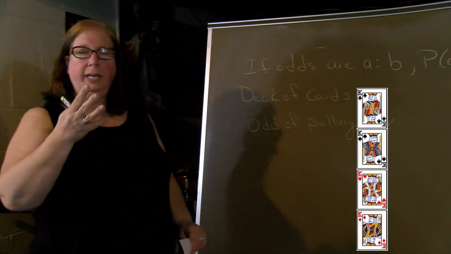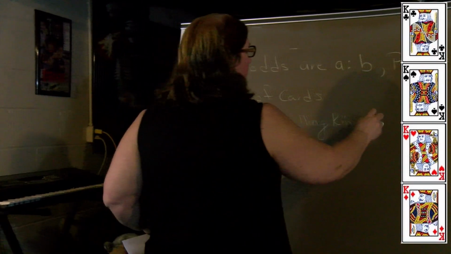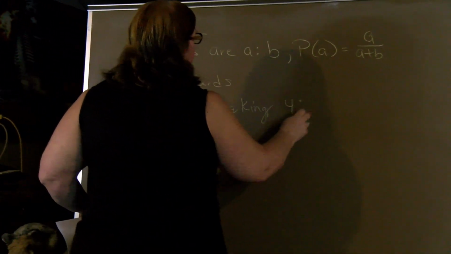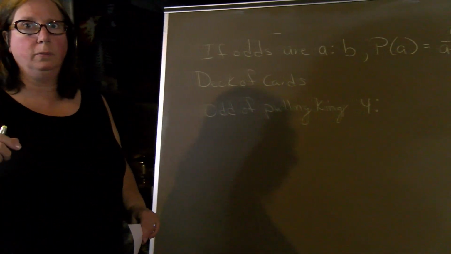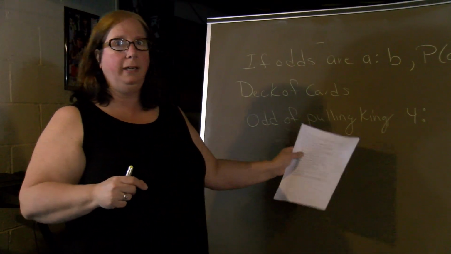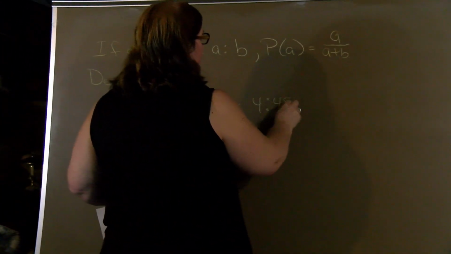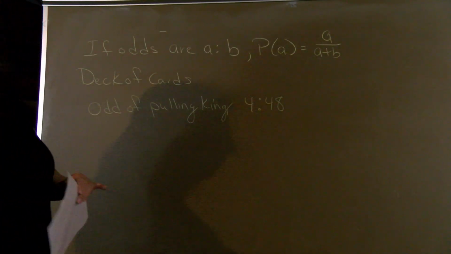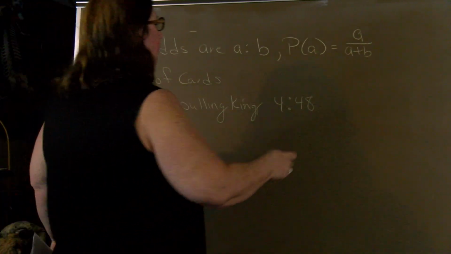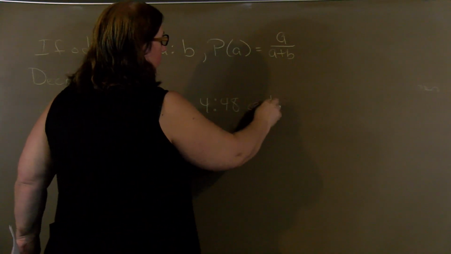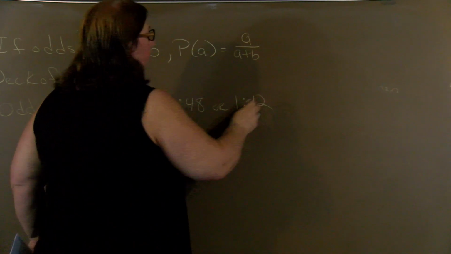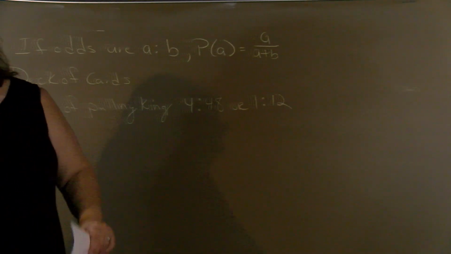Well, there's 4 kings. So it's 4 to, but it's not 4 to 52, because then you're including the kings. You have to take them out. So it's 4 to 48. Or you could reduce it by dividing by 4, and it'd be 1 to 12.